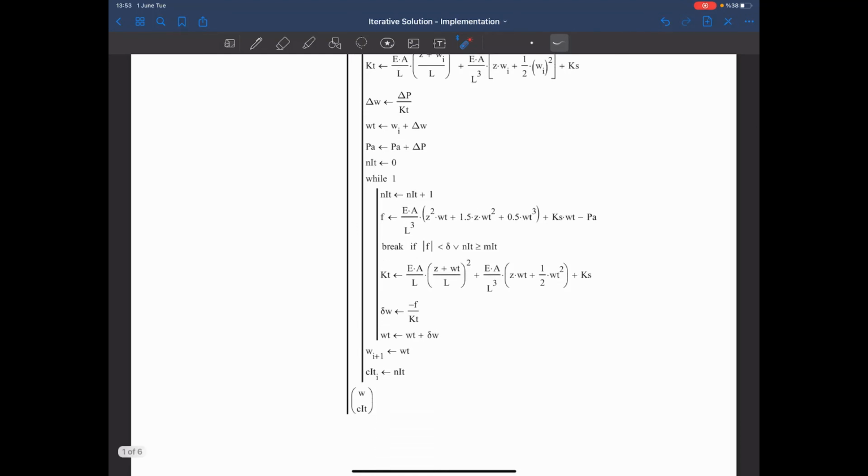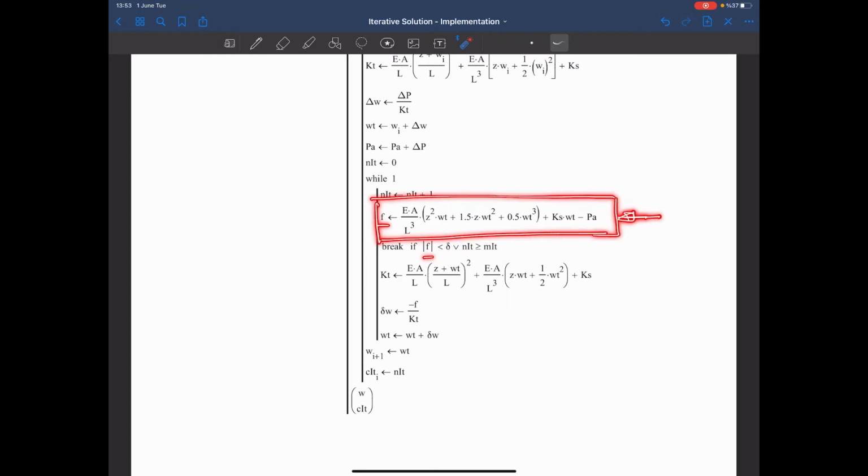Now this is the predictor case for me. I have a W and I will check if this delta W satisfies the equilibrium condition or not. So here the iterations start. Now the first thing that I have to do is to use this delta W and use the total displacement and see if this equation gives me the equilibrium.